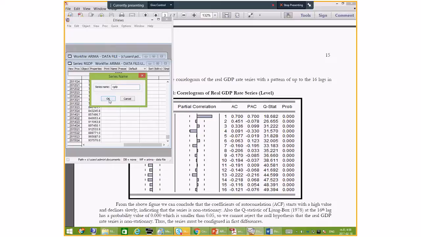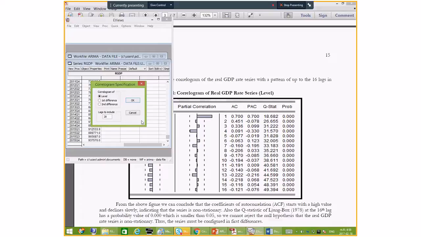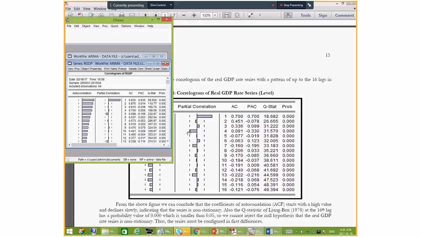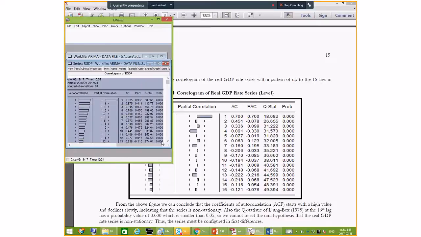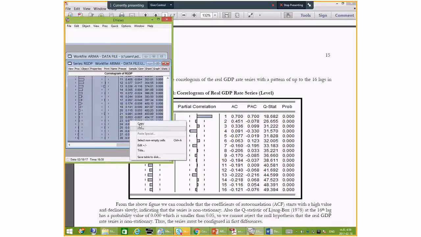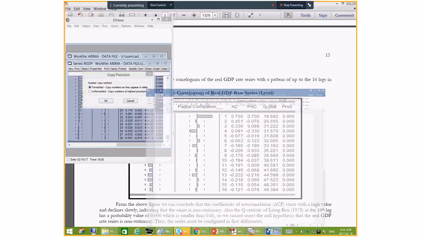Click OK. First, we need to see the correlogram in levels. Click OK now. This is the output. Copy and then paste it in a Word file.